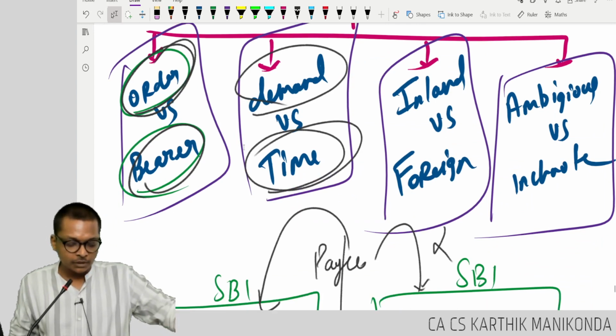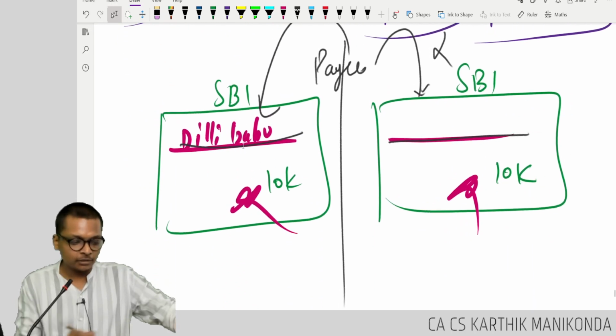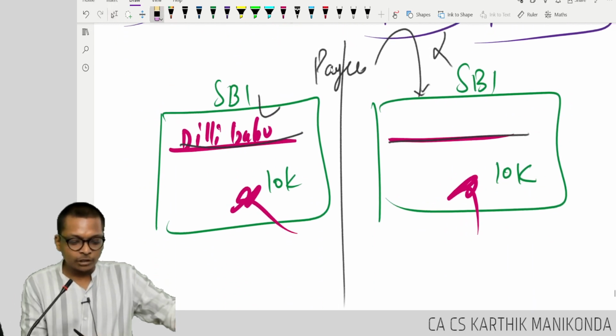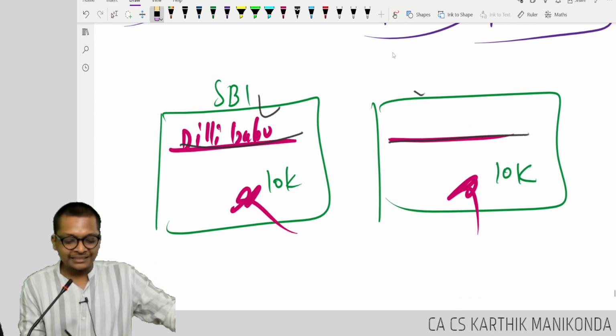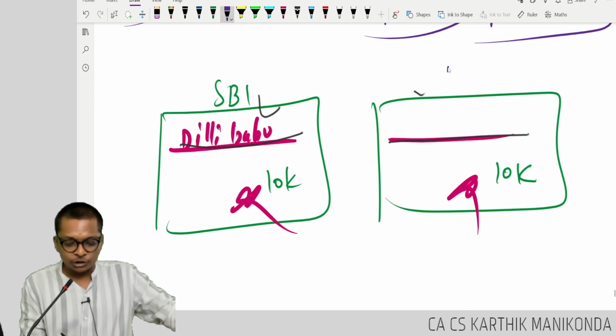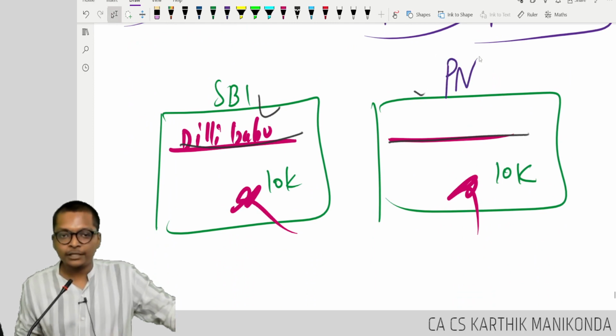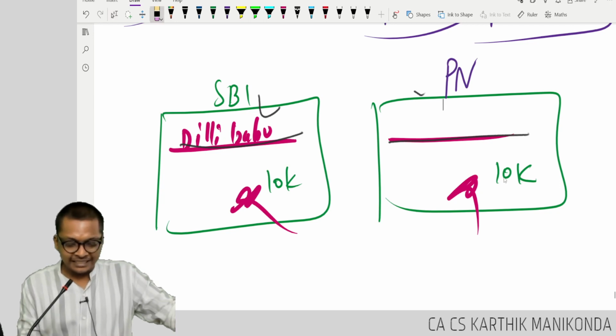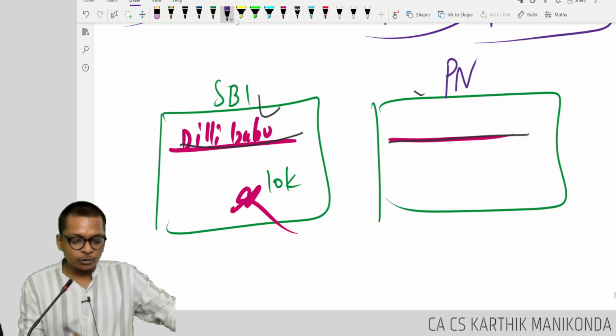Next is demand versus time instrument. Come down over here. Same example. Let's keep the Dilli Babu check on one side. On the other side, I am converting this to a promissory note, using the same example. Who made the promissory note for us, guys?